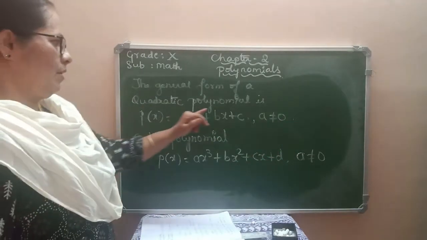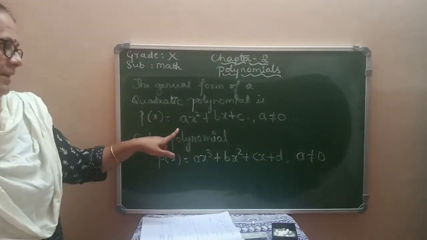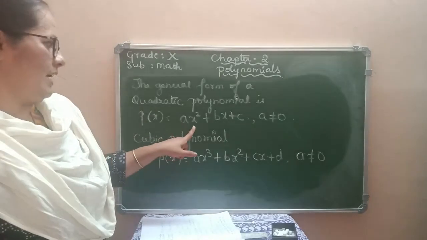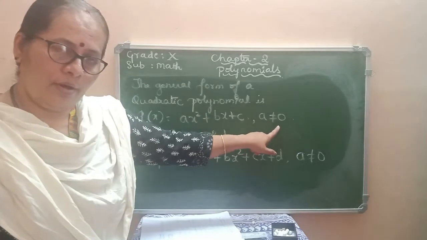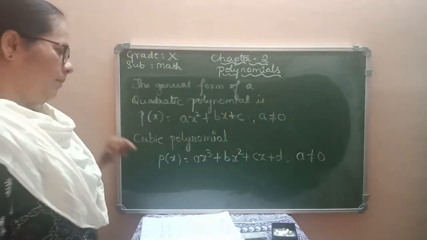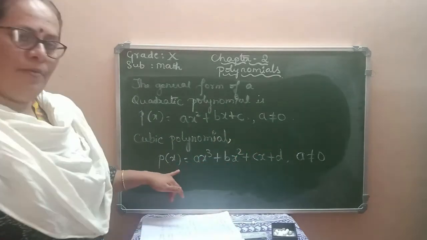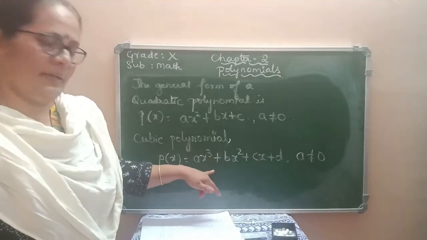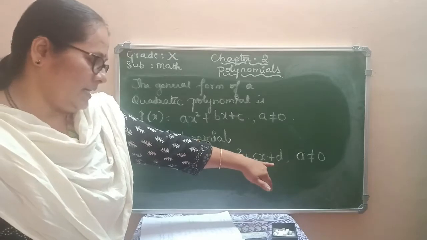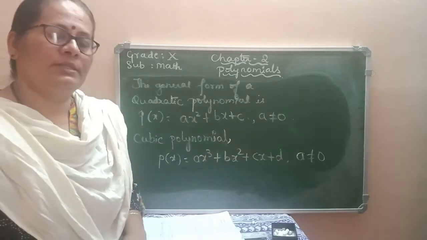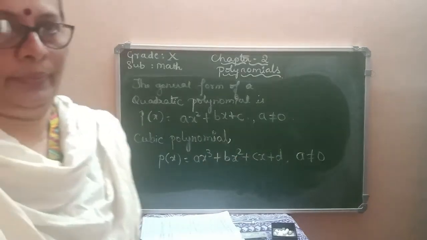So, the general form of a quadratic polynomial is p of x equals ax square plus bx plus c, where a is not equal to 0, and the general form of a cubic polynomial is p of x equals ax cube plus bx square plus cx plus d, where a is not equal to 0.